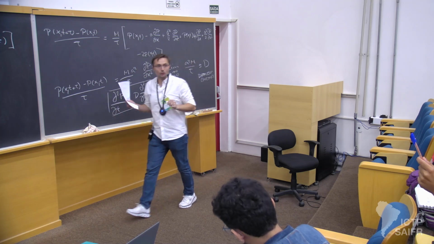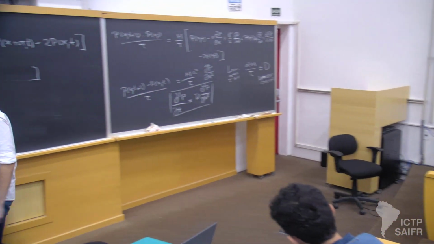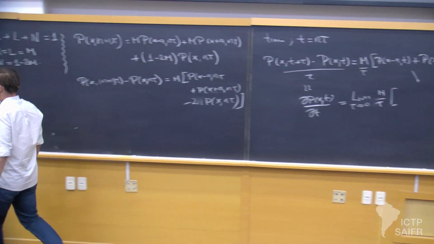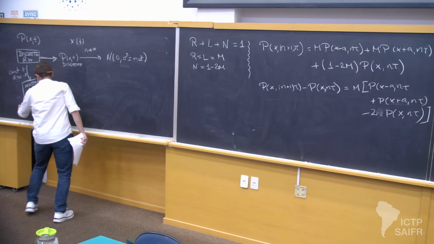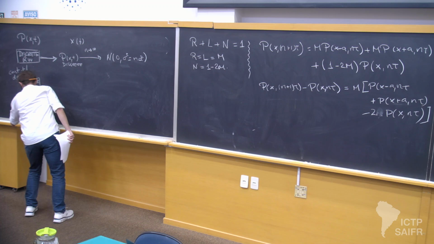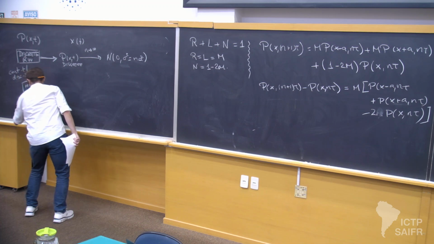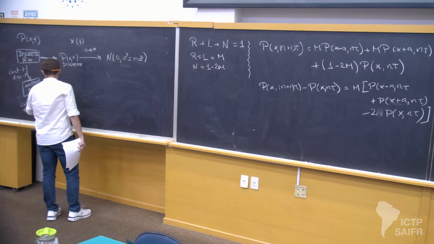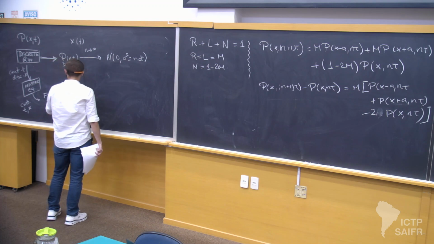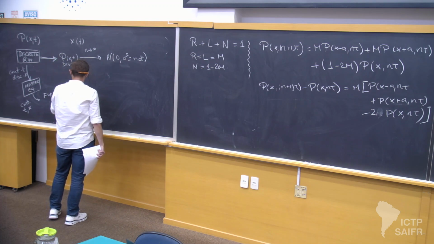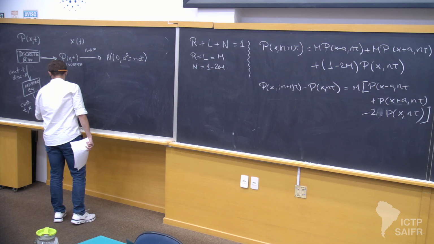So if I take continuous time and continuous space in this diagram here, now it's continuous time and x, the equation at which I arrive is the Fokker-Planck equation.